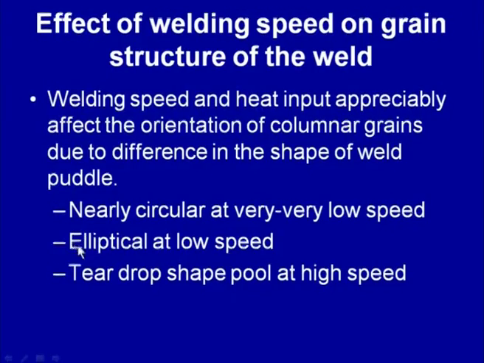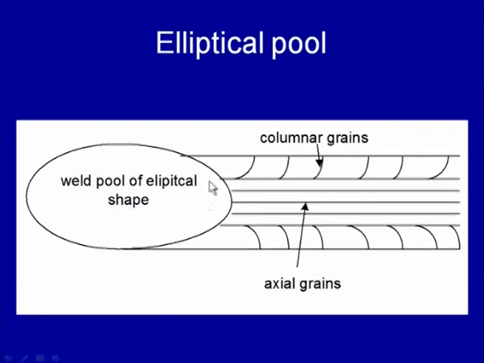If we work with very low speed, then it will develop an elliptical weld pool, and a teardrop shape weld pool is obtained at high speed. If you see these two diagrams, at low speed we will be getting a very elliptical weld pool and the grains will be curved, but in this case you get a very wide axial grain structure.